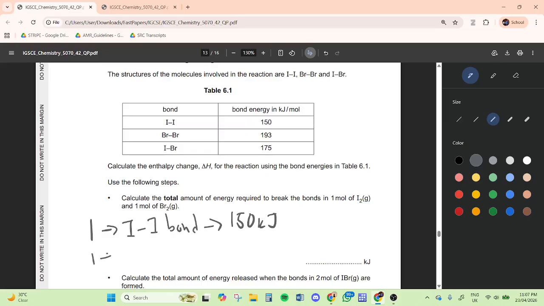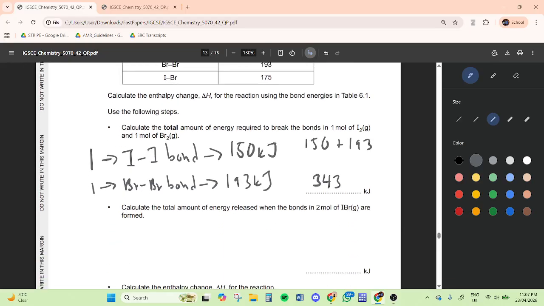And you're also breaking 1 Br-Br bond. So that totals to around 193 kilojoules. If you add 150 with 193, you get 343 kilojoules. So this is the amount of energy you need to give to break both the iodine covalent bond and the bromine covalent bond.